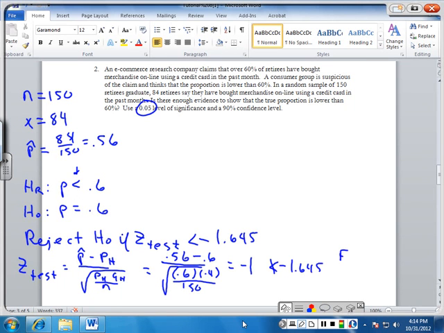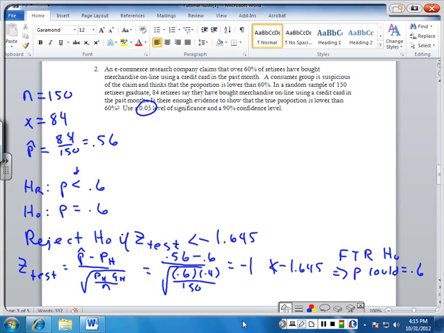So we fail to reject H0, and we conclude p could equal 0.6. We certainly can't rule out that possibility. The difference that we observed here could be just sampling error.